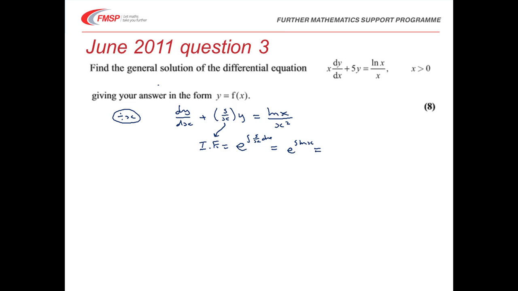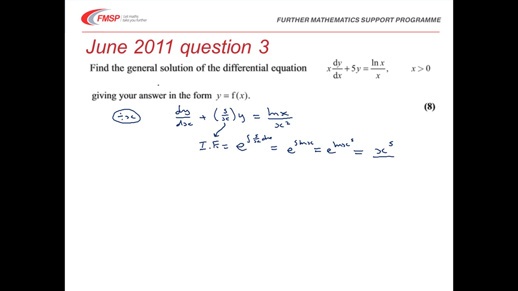You don't need a plus c on that little integral, we're only looking for the integrating factor. Then we can use our power law to write 5 ln x as ln x to the power 5, and then we know that exponentials and lns are inverse functions of each other, so that we end up with just x to the power 5 as our integrating factor.